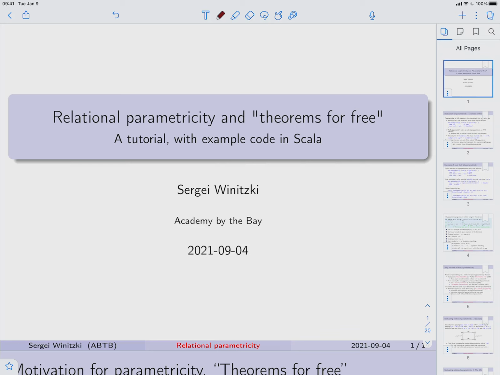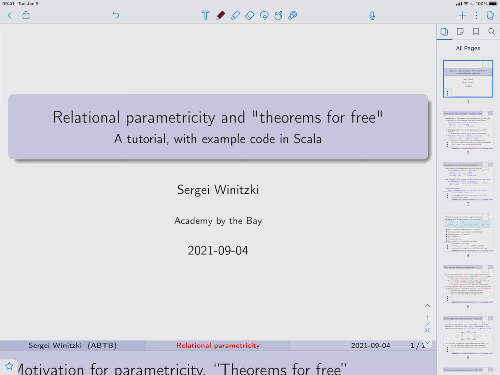This is a tutorial about relational parametricity. Relational parametricity is a method for proving parametricity theorems. And those theorems are the science behind theorems for free, which is something that functional programmers may have heard of.